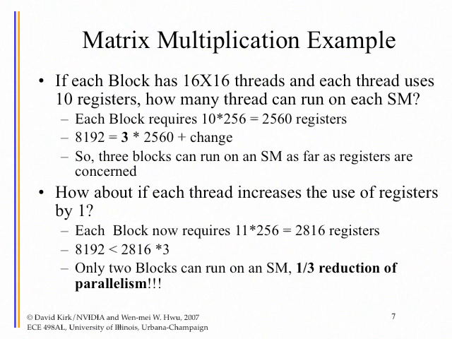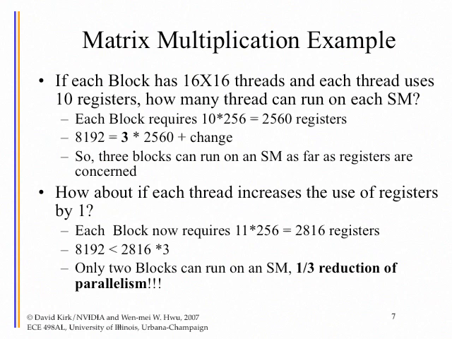There's no context switching going on, no hardware going back and forth moving information between the register file and memory, which in the CPU world we call context switching. Everything is there. It's a matter of getting to the right partition. Now, how about if each thread increases the use of registers by 1?